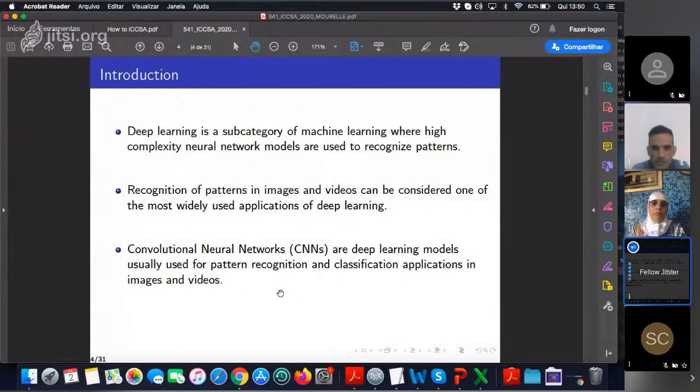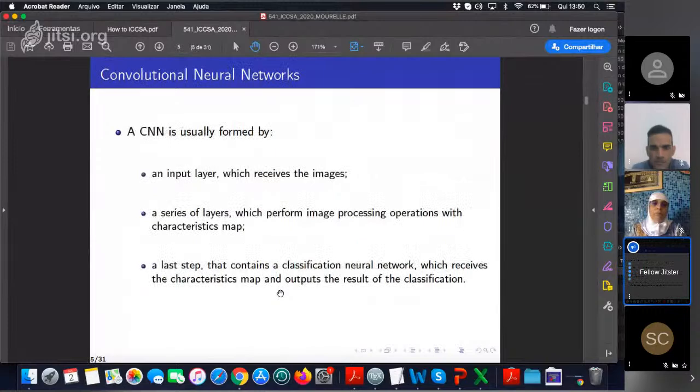In the context of CNN, convolutional neural networks, we can say that it consists of an input layer, which receives the images, a series of layers which perform image processing operations with characteristics maps, and a last step that contains a classification neural network, a complete one, which receives the characteristics map and outputs the result of the classification.